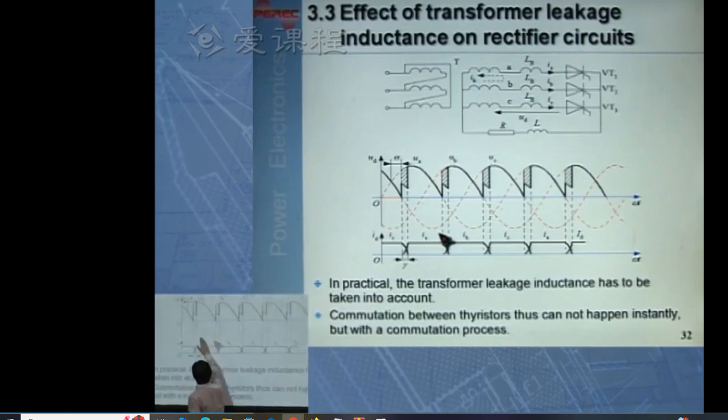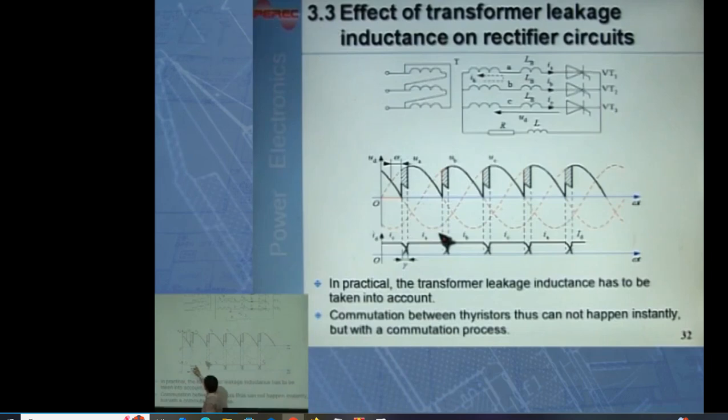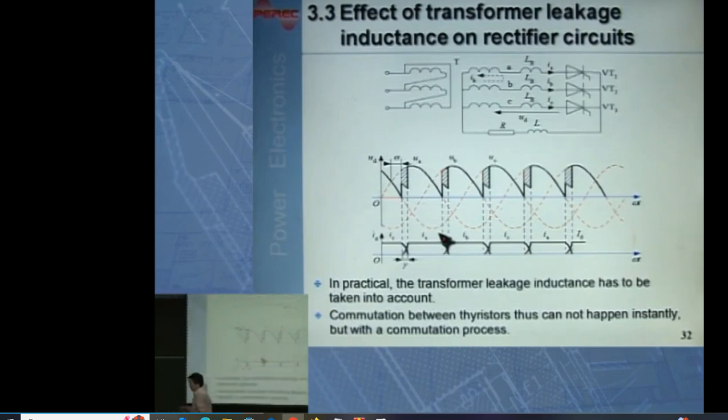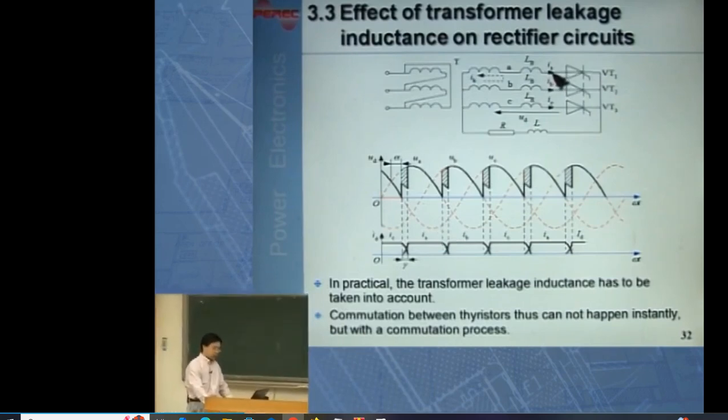If we do not consider the leakage inductance, when we trigger VT1, the current flowing through VT1 will instantly change from 0 to a certain level, equal to ID. And the current previously flowing through VT3 will instantly change from ID to 0 at this instant. But this is not the practical case. In the practical case, because you have leakage inductance there, the current IA changing from 0 to ID will take certain time.